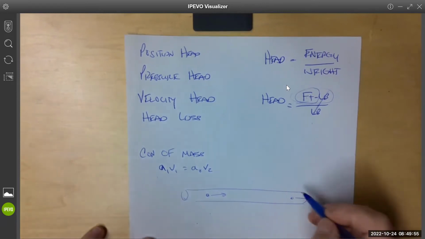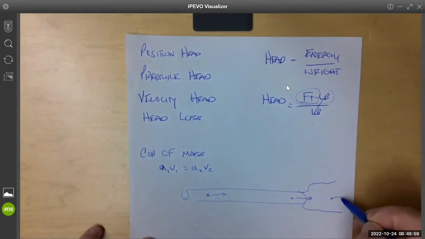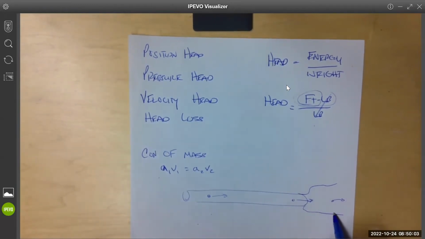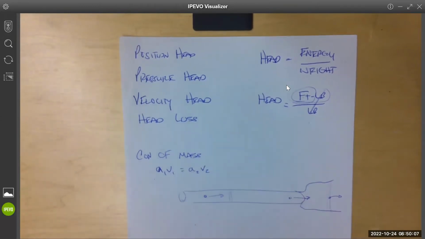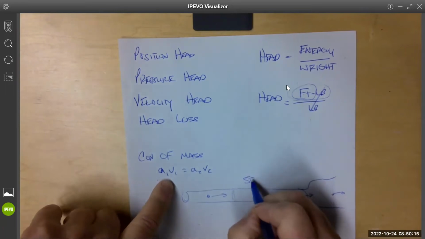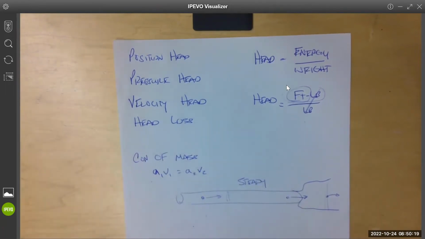If the pipe gets bigger, again, same amount of mass travels through this pipe. It's just probably going slower. And here it's going faster. So we'll talk about these different positions in a system. But the concept here is, if this is a steady flow, then the amount of mass traveling through the system is the same, regardless of the shape of the pipe.